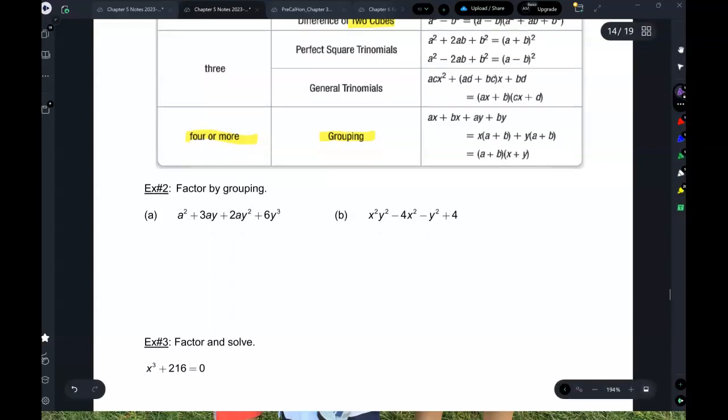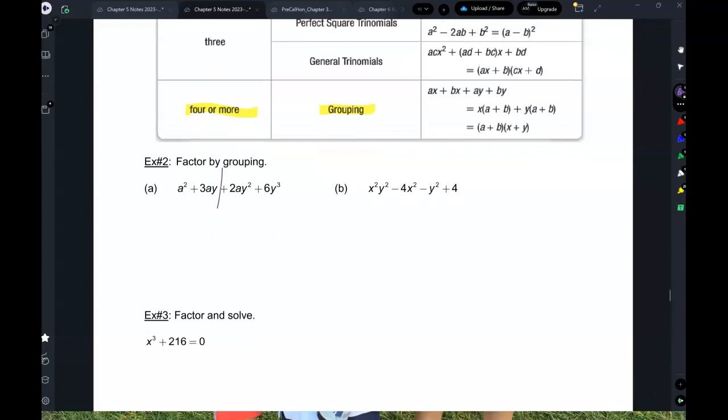Okay, so how do we factor by grouping? You have 4 terms. You split this down the middle. All right? Now, from the left side, what can I take out? An a. And I get a plus 3y. Plus, from here, what can I factor out? 2y squared. And I get a plus, oh my gosh, 3y. Take a look at that. Do you see how you have identical things in both terms?